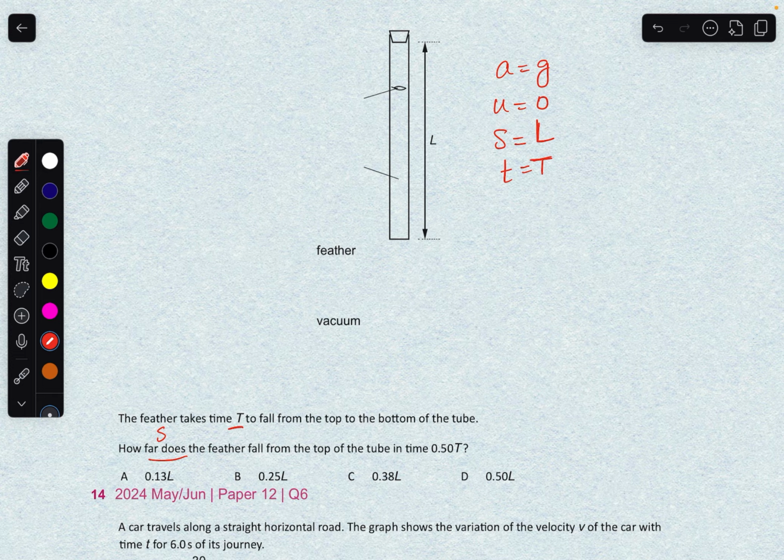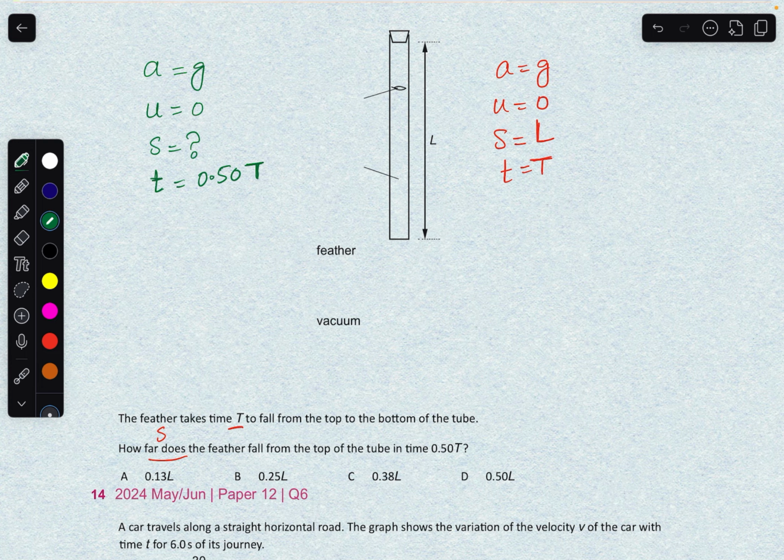What they're asking you is, if all the conditions are the same, a is equal to g, u is equal to 0, how much distance can it travel if the time given to it will be 0.50 of the previous time, that was capital T.